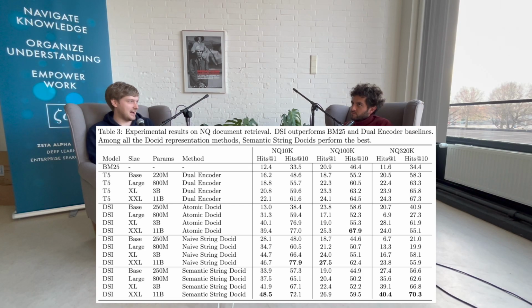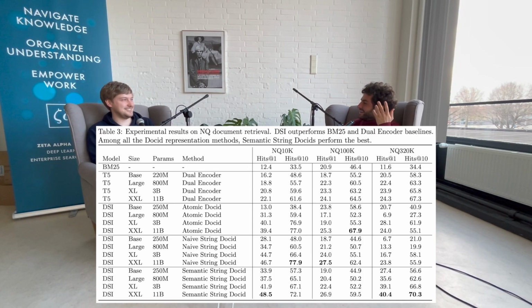I think I could imagine a world where atomic doc ID is better than that with perfect optimization. But, I say imagine, clearly. Yeah, of course. But still, I find it hard to wrap my head around this idea that the model would just learn 1 separate token for each document and that's it.